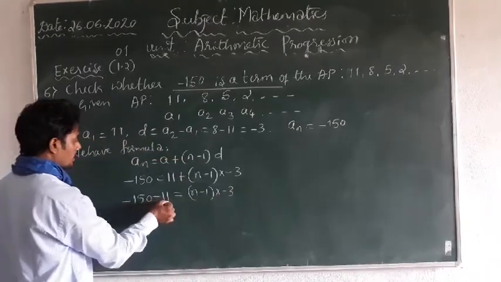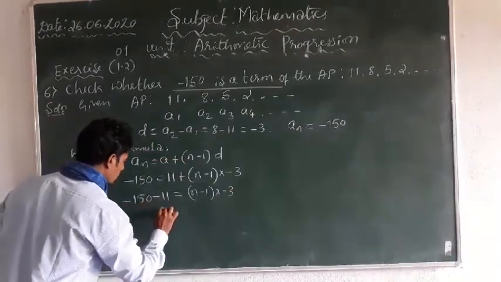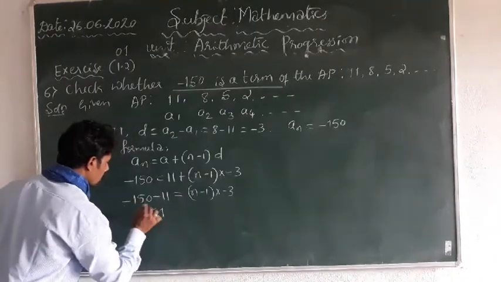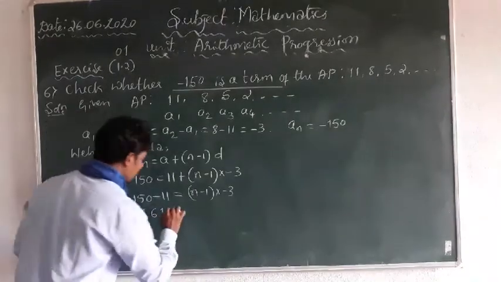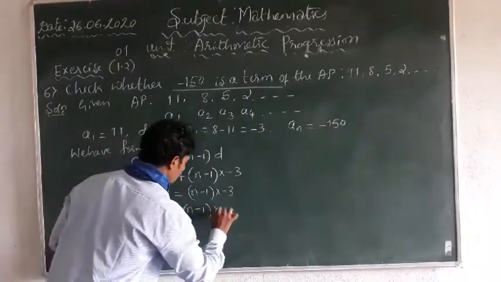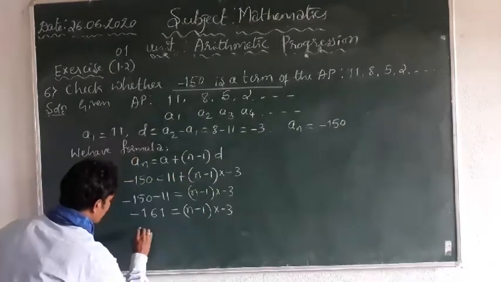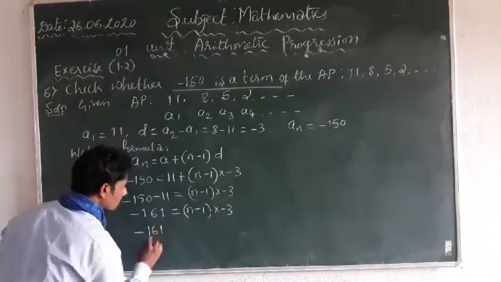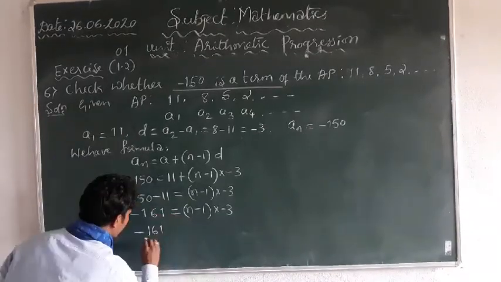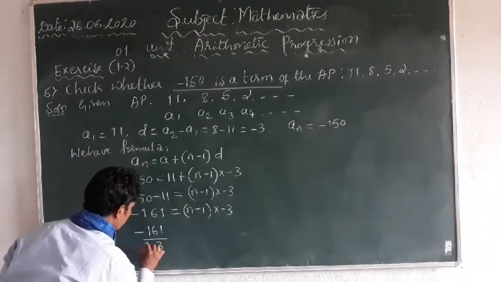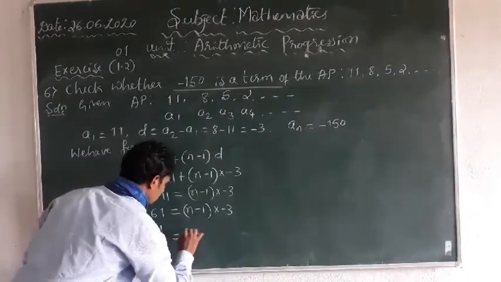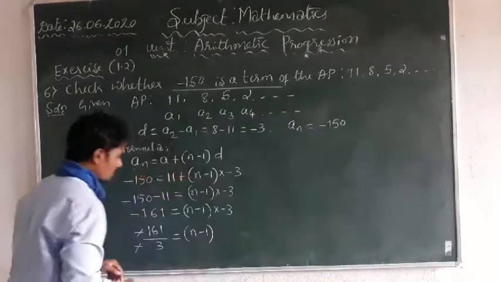Minus 150 minus 11, like terms should add, so minus 161 is equal to (n minus 1) into minus 3. Divided by minus 3, the minus signs get cancelled: 161 divided by 3 is equal to n minus 1.